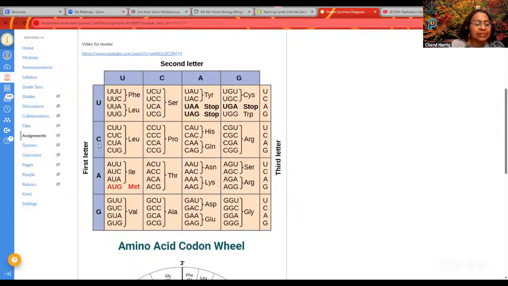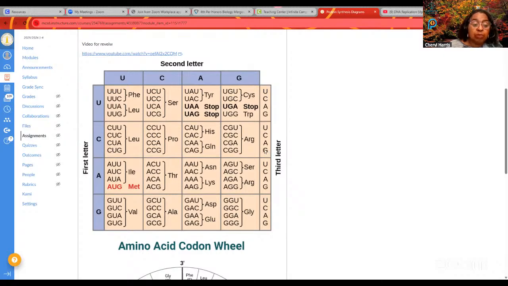So what I'm looking at, C is the first letter. So I start on this side, and that tells me the amino acid I'm looking for is in the second row. Then I go up to the top, but as you see, you've got 4 columns in the second row. Then I go up to the top and look at the second C. That second C is in the second column. So I come down to the second row in the second column. And then the third letter is G. So I'm looking on the side over here.